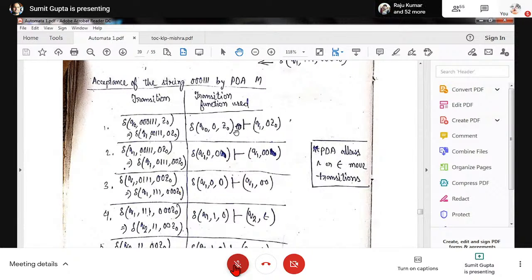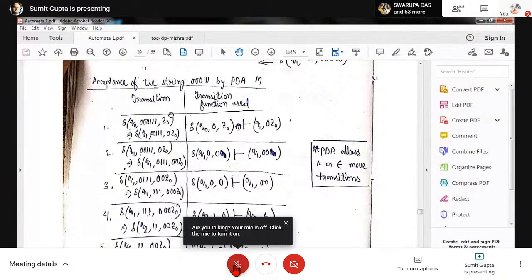We have used this function: if Q0 has 0 as input and Z0 is the initial content of the push down store, then that would give me Q1, 0 Z0. Only this transition is allowed if we use this transition function. So this is the transition function used and this is the transition that has taken place. Is the first row clear?